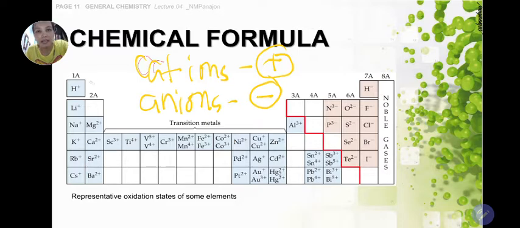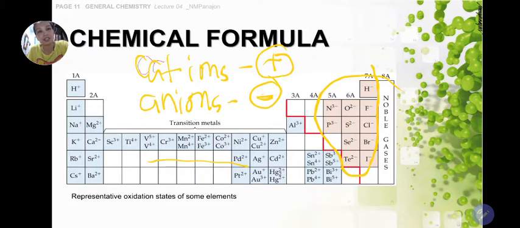So, dito makikita natin lahat na may positive, yung kulay blue ay kino-consider natin as cations. While these gases here are negatively charged and are considered to be anions. Ibig sabihin, since negative sila, mas malaki yung possibility nila na tumanggap ng electrons.